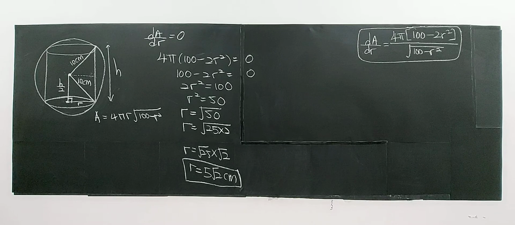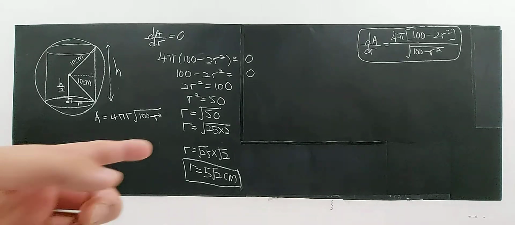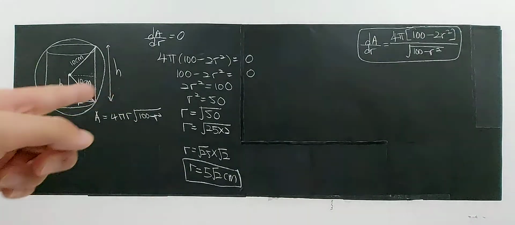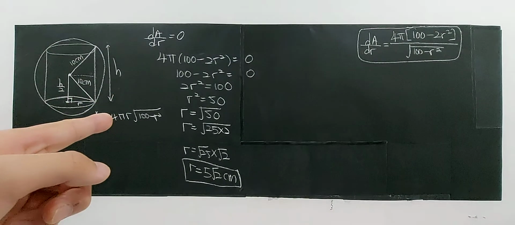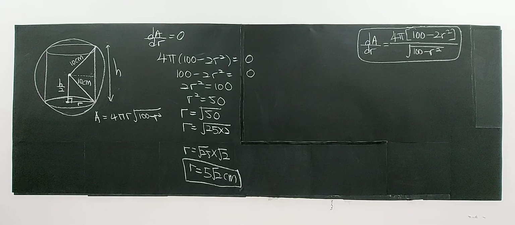Alright, maximum area. That's very important. So I have shown you that with this value of r, the curved surface area will be maximum. Alright, so that's all for this video.